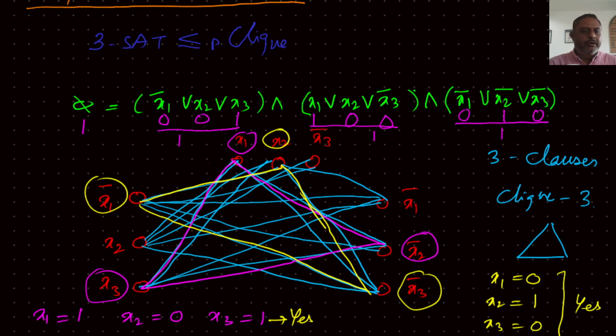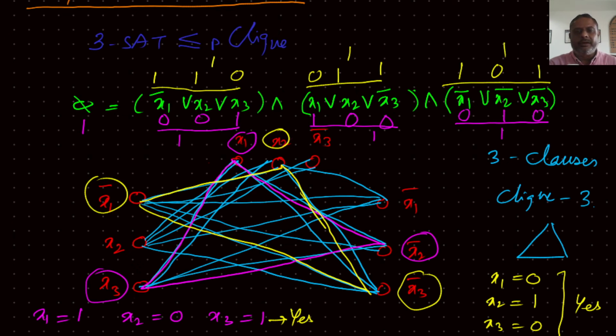Now looking at the other combination, x1 is 0, therefore x1 bar is 1, x2 is 1, x3 is 0. You can see that at least one literal in each clause is true. Therefore each clause is 1, and 1 and 1 and 1 gives 1.